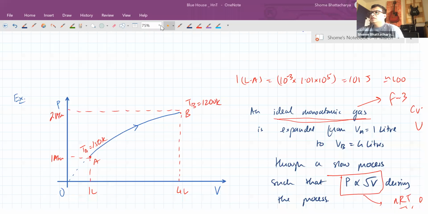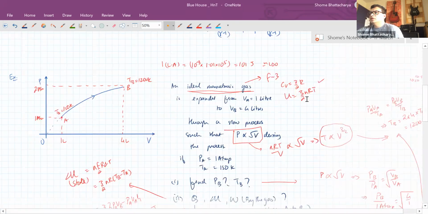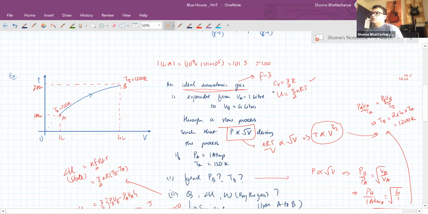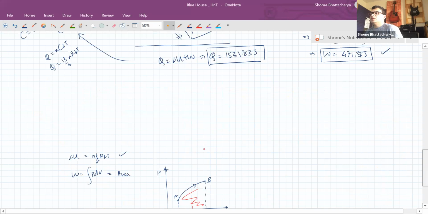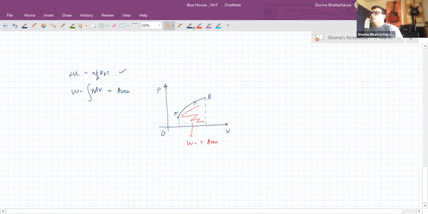What is that? Degrees of freedom is 3, monoatomic gas. And Cv's value is 3 by 2 R. So that's why we use this formula that U is 3 by 2 nRT. That is the formula we use for delta U because it's a state function. Okay, thank you, sir. So in whatever method we are using for work done, if we are not using the polytropic equation formula directly, then we'll have to make use of this equation given to us.